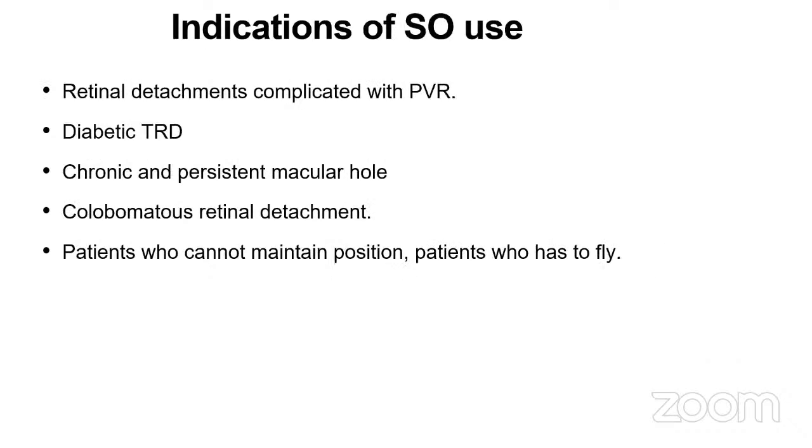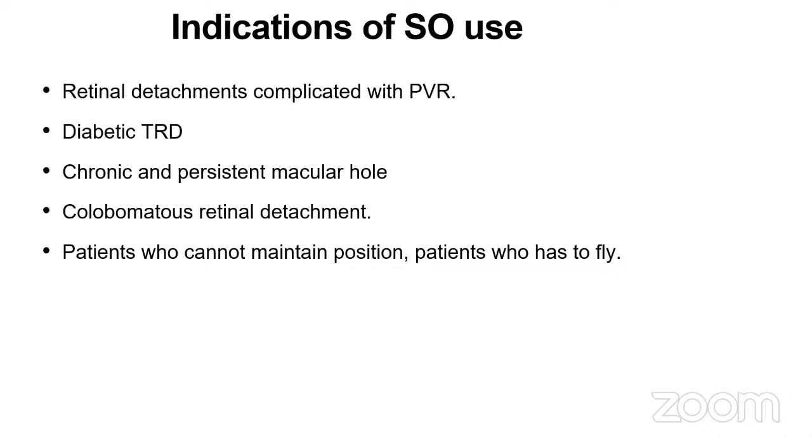So coming to some of the common indications of silicone oil use. It is used in retinal detachments, especially complicated with proliferative vitreoretinopathy. Since here we require longer tamponade, generally gas and air is not preferred. So silicone oil is the indication in these cases, and even in diabetic tractional retinal detachment.